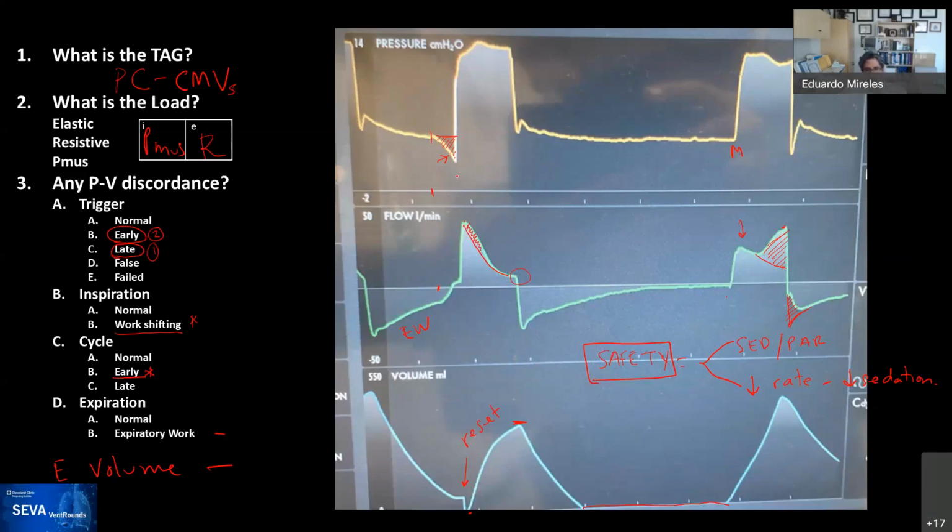The first hint is that the patient is on a pressure trigger. The second hint is the presence of reverse or early trigger, which in this case may be reverse trigger etiology.